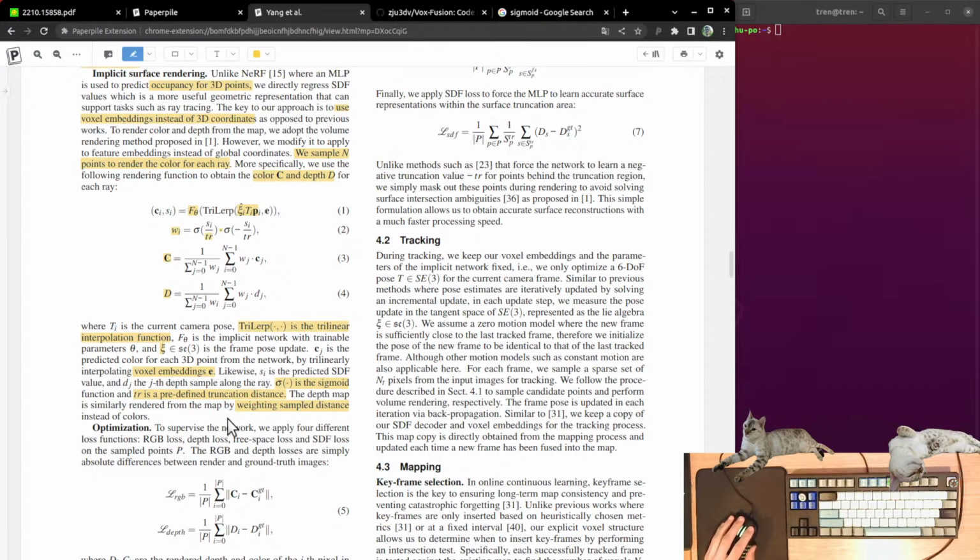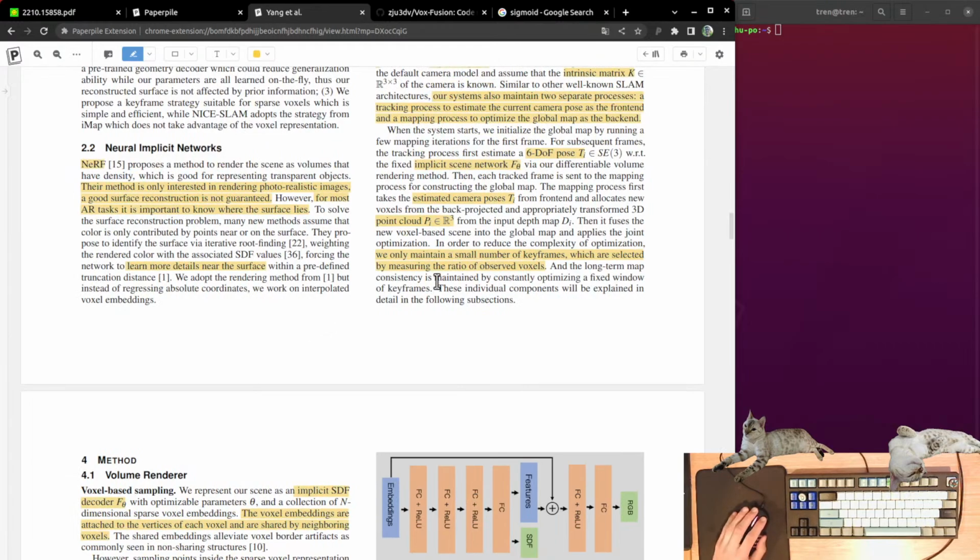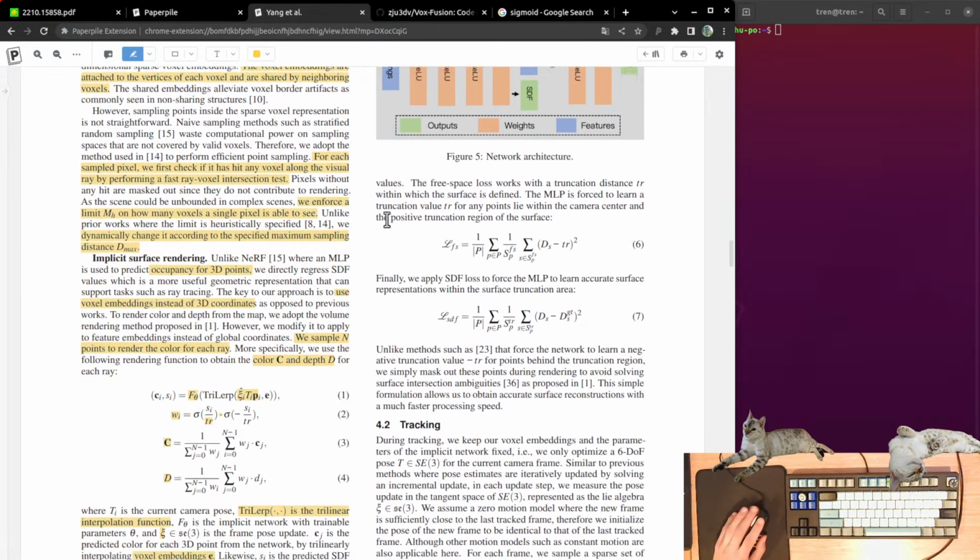Okay, so to supervise the network, they have 4 different loss functions here. They have RGB loss, depth loss, free space loss, and SDF loss. On the sampled points P, there's points that you sample along the ray, and then I think there's just points in their 3D point cloud, PI.